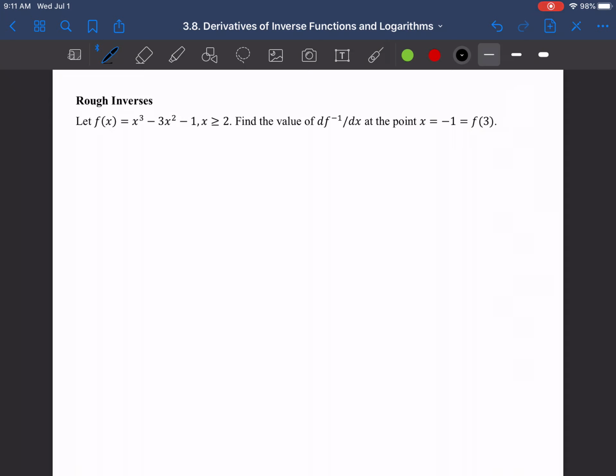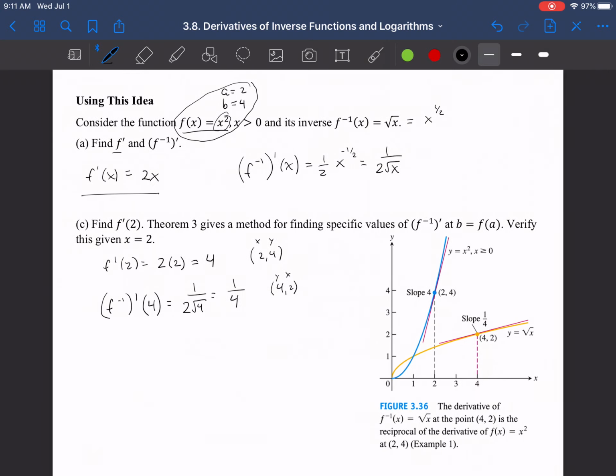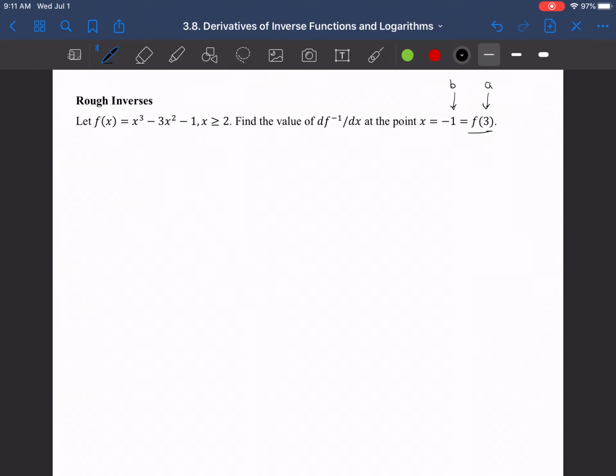So if we're actually taking our original function, this is like saying this is a, this is b, because we're plugging this into our original function. If you look back here, this is what a was. A was the value that we plugged into the original function to then get b. And so if we're plugging in 3, that's a, we plug into the original function, and then we get what we're going to have to plug into the inverse.